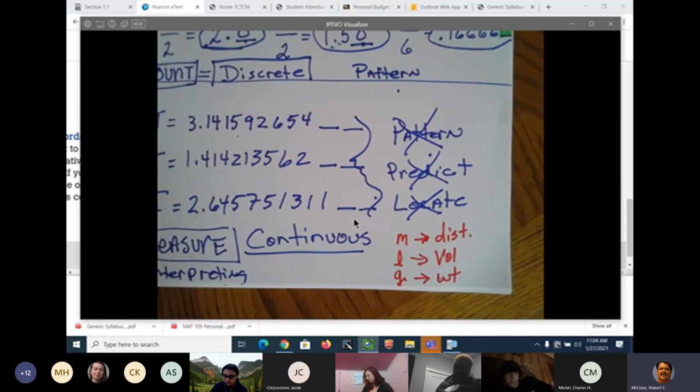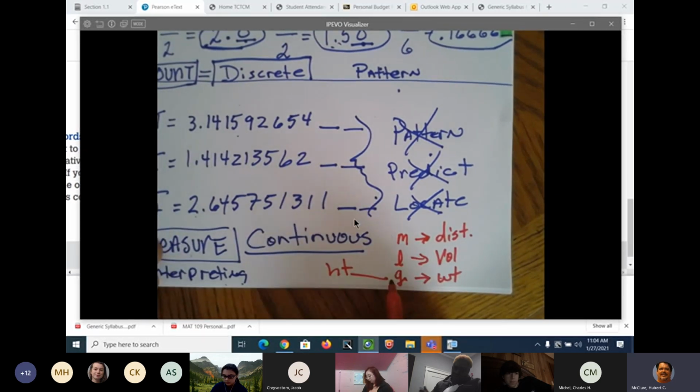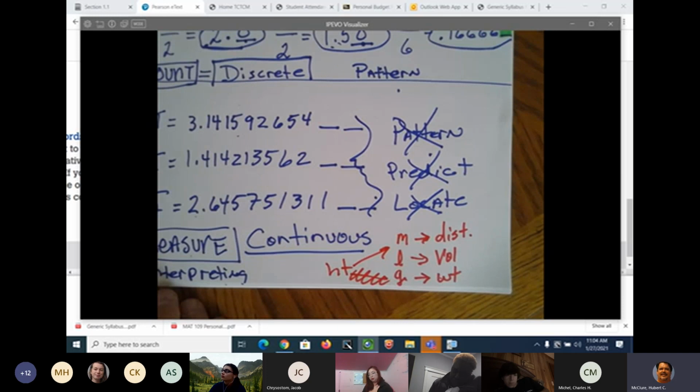You can also say distance is height. Meters, liters, grams. Those things are measured. And I will tell you this, the height of a tree, that is a test question on my test that people get wrong. So please write that down. The height of a tree is continuous.